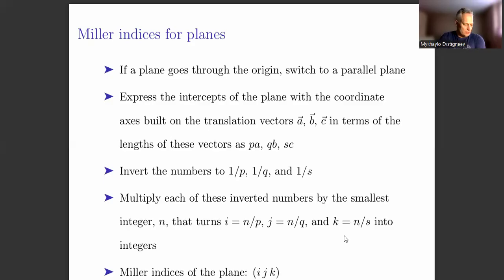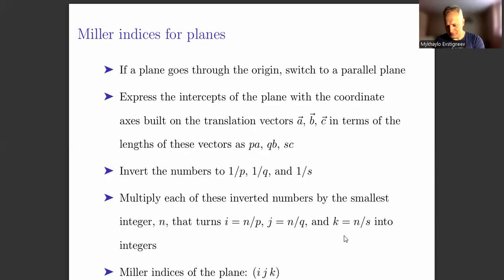Now, let's move on to planes. It's a little bit trickier. So the natural way to indicate the direction of a plane is to look at the vector which is perpendicular to that plane, indicate the Miller indices of that vector, and assign those Miller indices to the plane to which the direction vector is perpendicular, right?